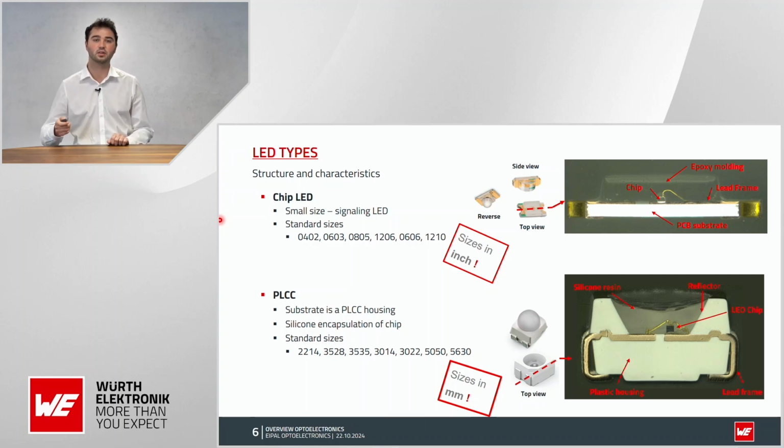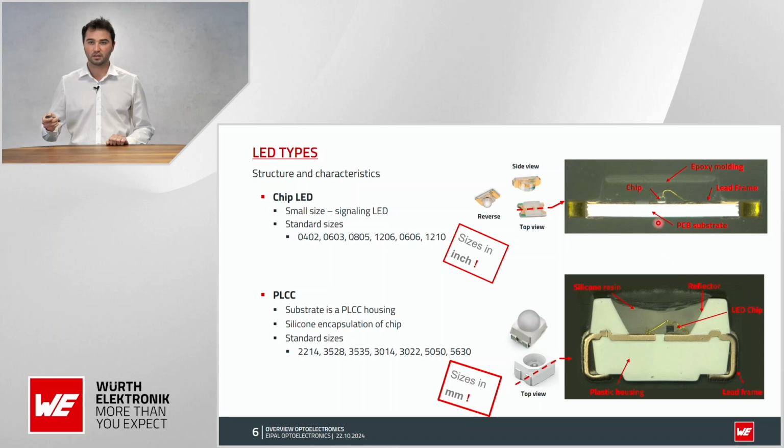So they are just used in applications to show if something is on or off, just some indicator LEDs. On the other hand, the PLCC LEDs are a little bit brighter, and you can use them for similar applications, but where you want a little bit brighter signaling. The reason they are brighter is because they have this kind of white housing that is really good at reflecting the light up. So you get more light out of the package.